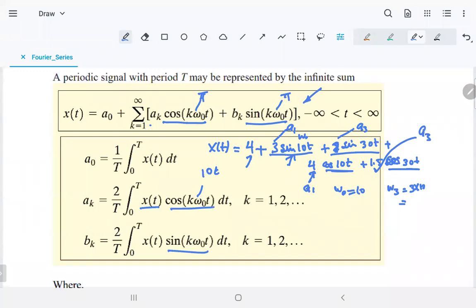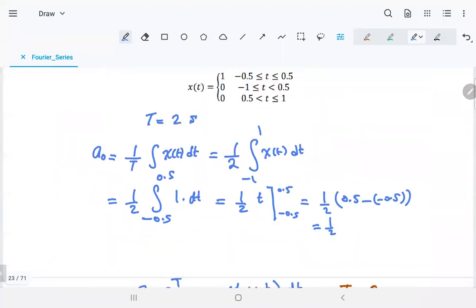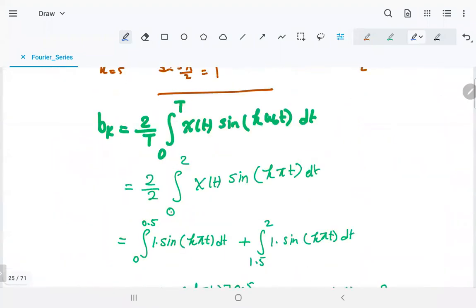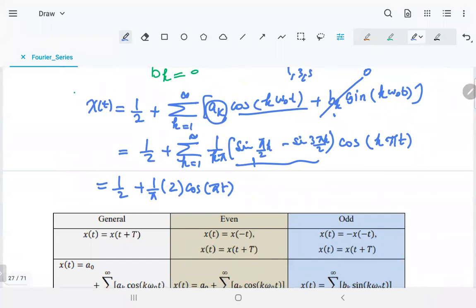It's amplitude. It's a value. So when I substitute k equal 1, I got 2, and you have 1 pi, so 2 over pi. So you can write that the amplitude of the first component, the fundamental, is equal to 2 over pi.